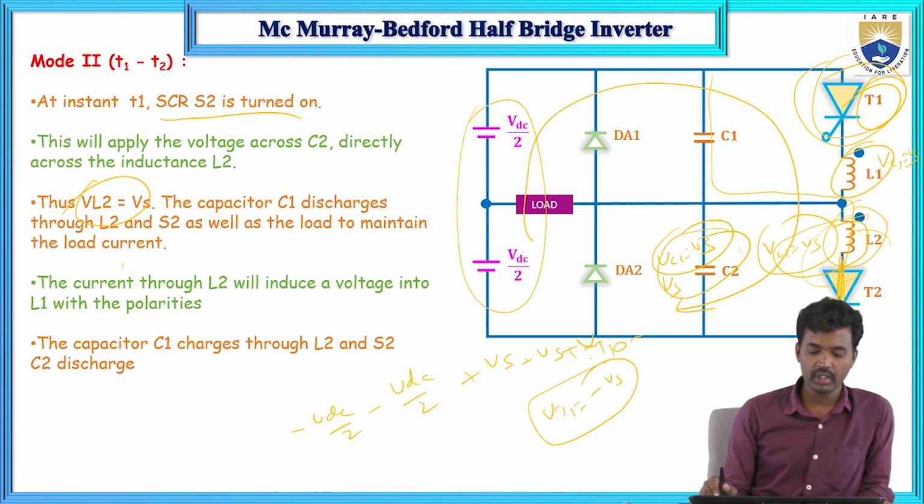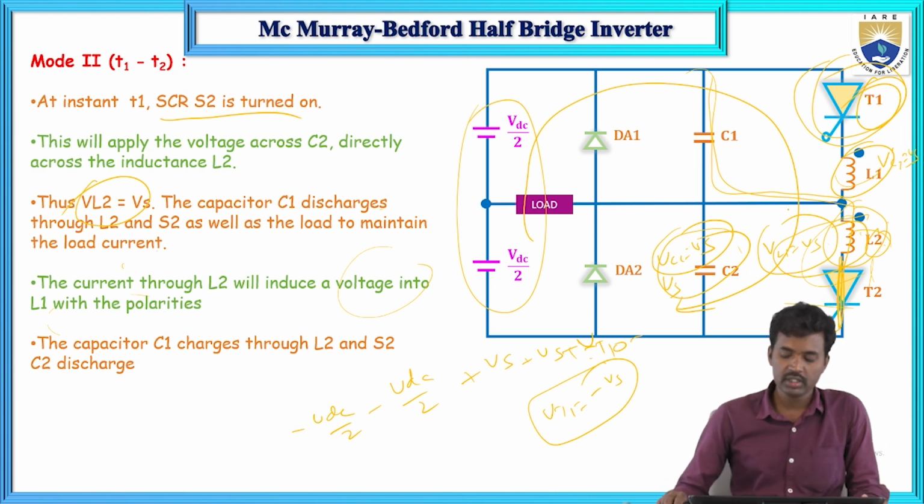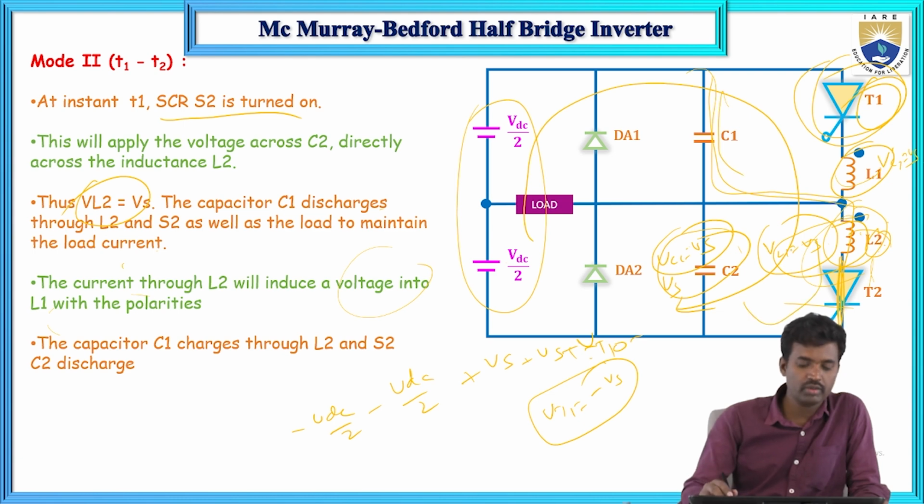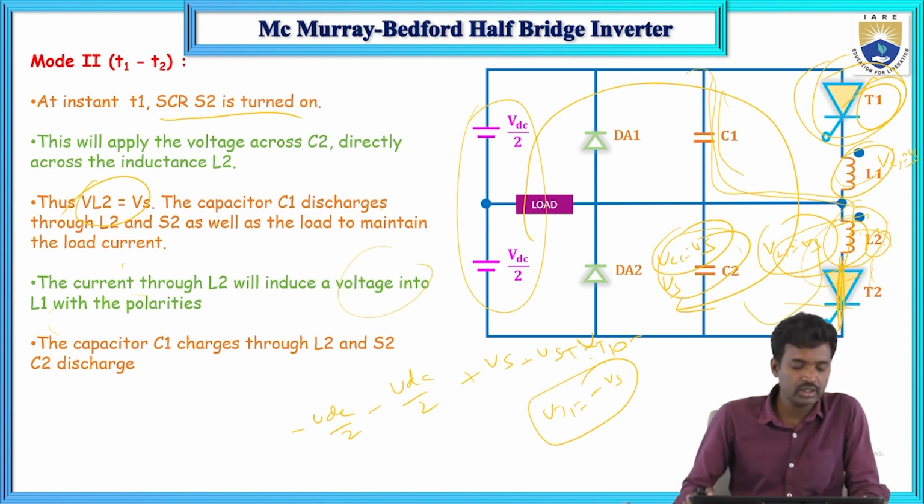This L2 voltage and this voltage is 0, but C1 will discharge through L1, and the current flowing through the inductor induces voltage in L1 with polarity, and the same voltage Vs. So capacitor C1 is charging through L2 and S2, and C2 will be discharging. C1 is charging and the other capacitor is discharging.